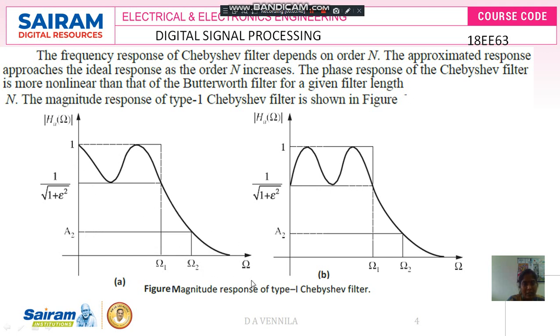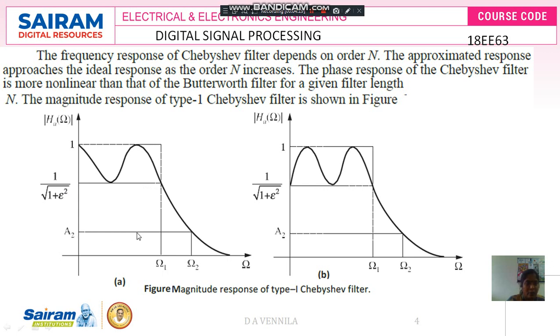As the frequency increases, your gain will be decreasing monotonically, and this is the Chebyshev low pass filter. We know the general characteristics of a low pass filter. The Chebyshev low pass filter will also be the same. Only thing is here your pass band will have some ripples.